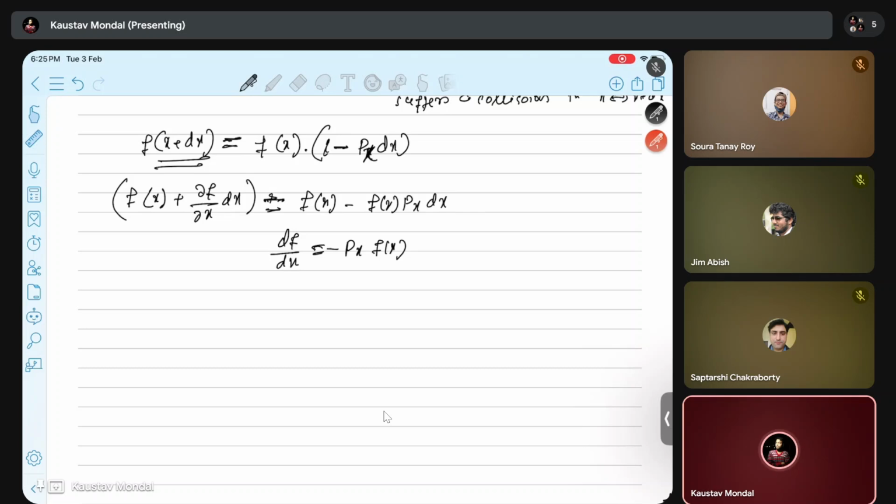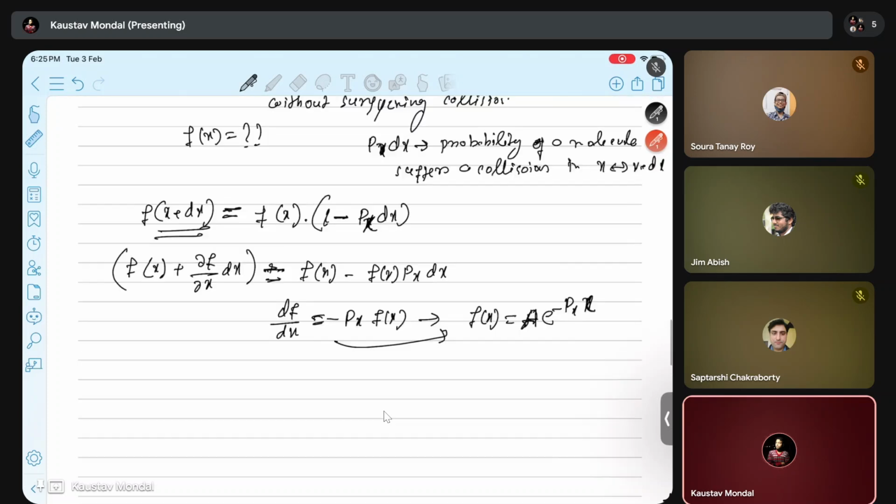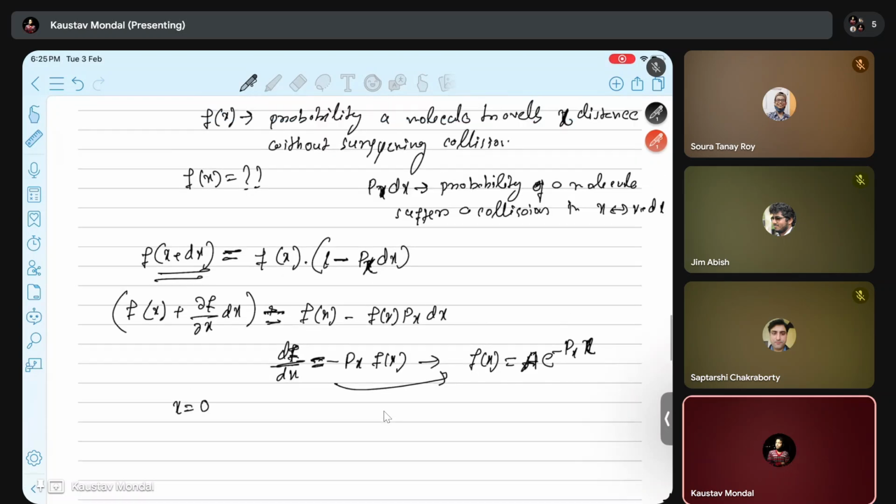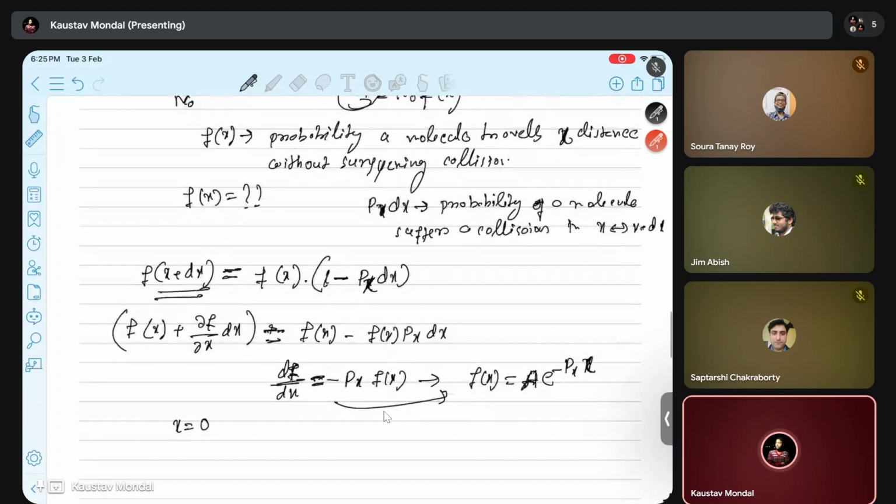Now if you solve this differential equation, it gives you f(x) equal to A into e to the power minus P(x)x. From the initial condition, at x equal to 0, initially no molecule will suffer any collision.